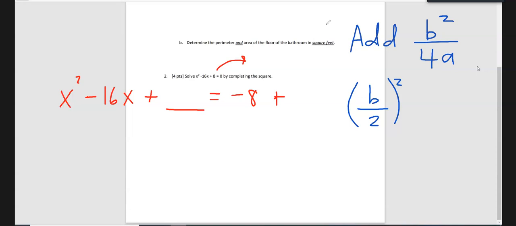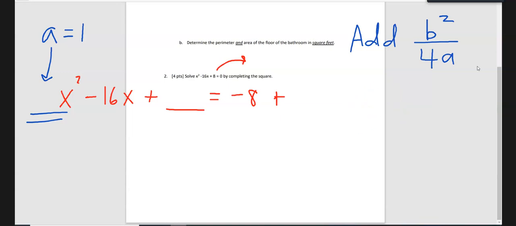Well, there is if the a value, which is out here in front, is something other than 1. Currently, the a value happens to be 1, so you will not notice a difference between either of these methods. Do you have a preference? I do not. It does not make any difference to me. Then I suggest we use the b squared over 4a method in case they change something on you.